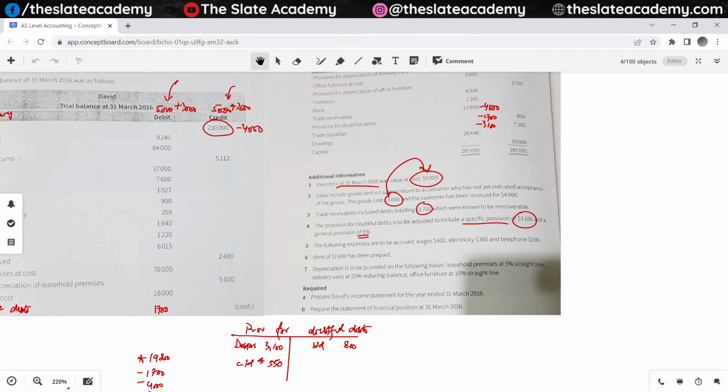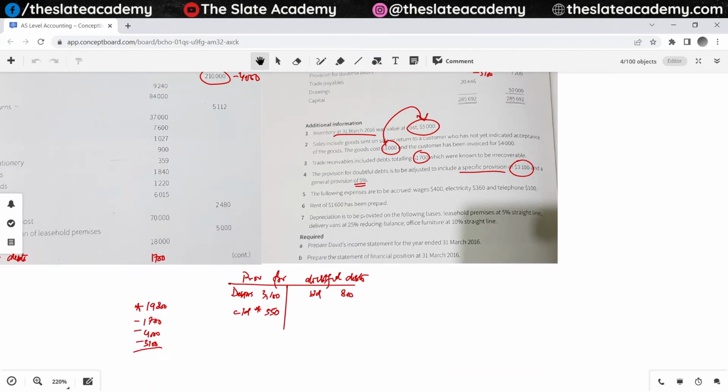That leaves you with 11,000, and on that you applied 5%, which is equal to 550. So here's the calculation for this 550.